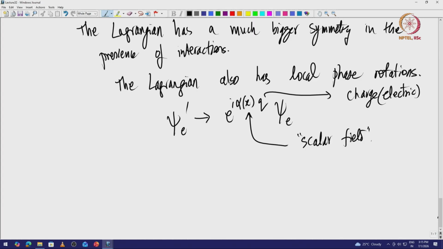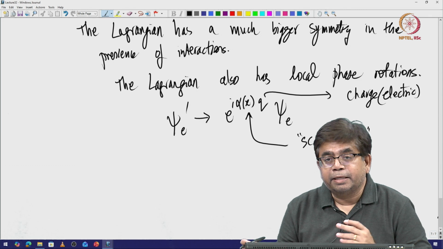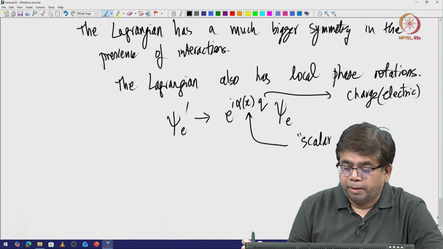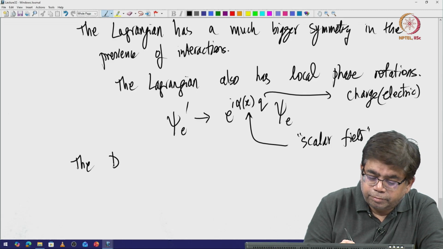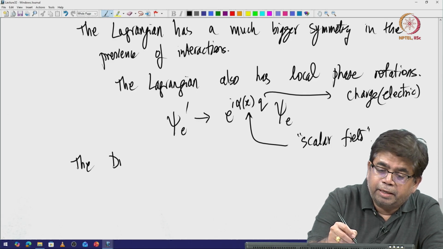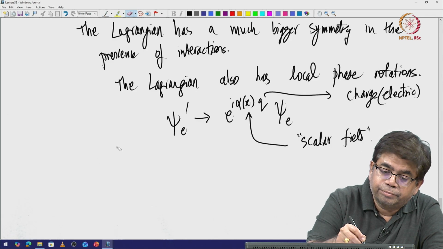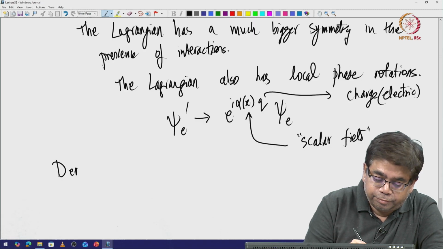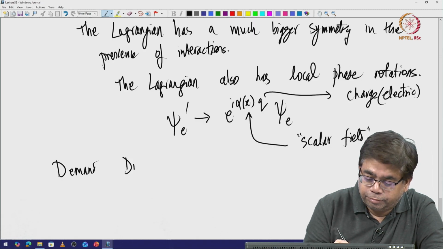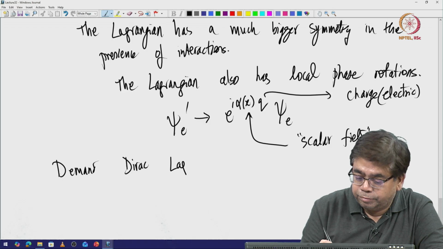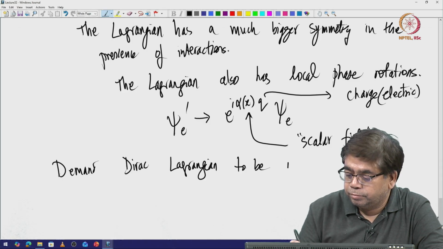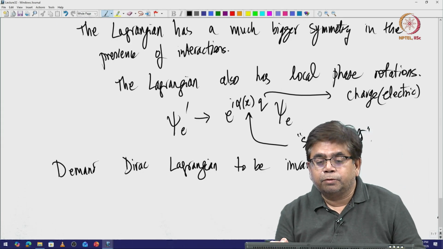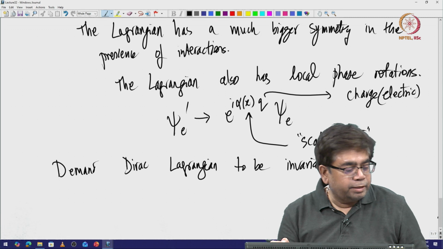Under these transformations I demand that the Dirac Lagrangian should be invariant, okay. Let me write it in this manner. So we want the Dirac Lagrangian to be invariant under this thing.